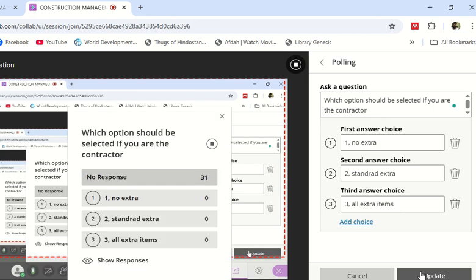Okay, since you are not very keen on answering, you can do this poll. Which option will you go for?